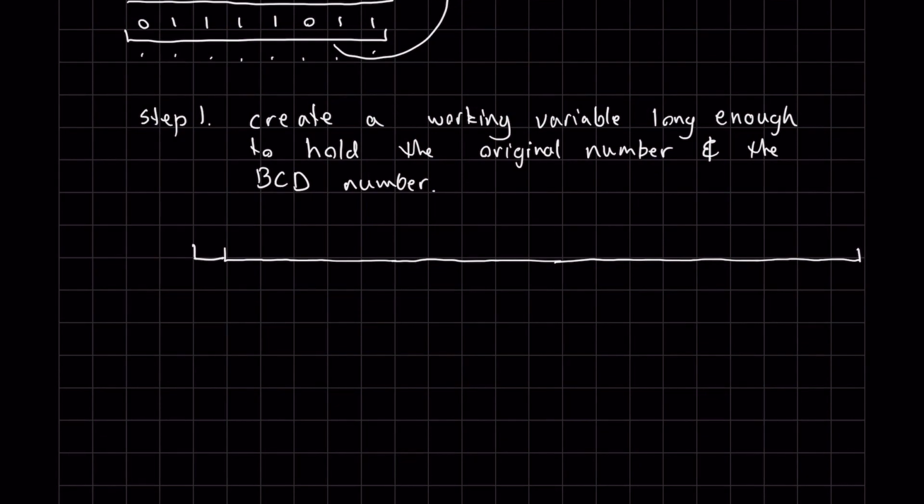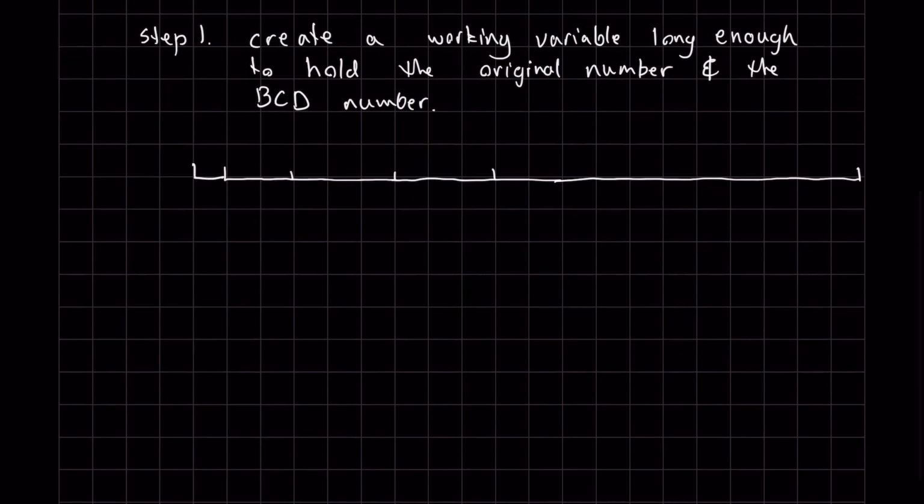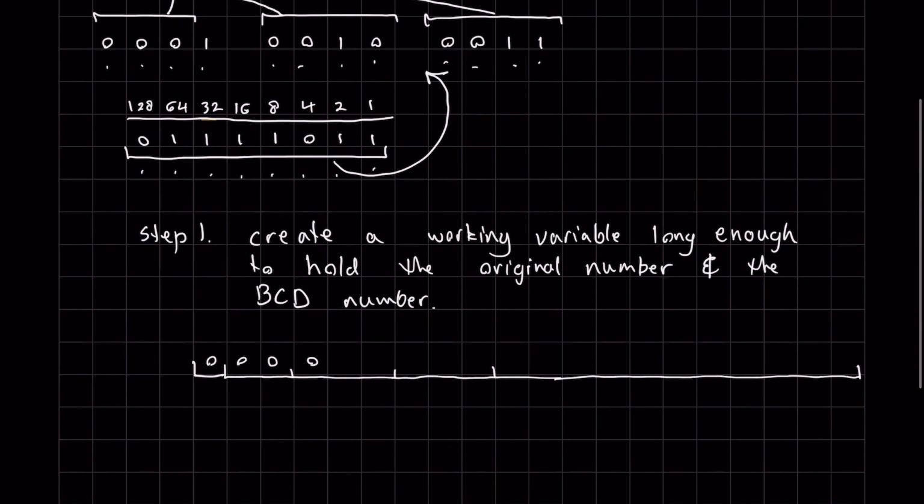So what do we do next? We partition off this number into 4-bit numbers to hold the binary coded decimal values. So these first 4 spaces will correspond to the hundreds place.